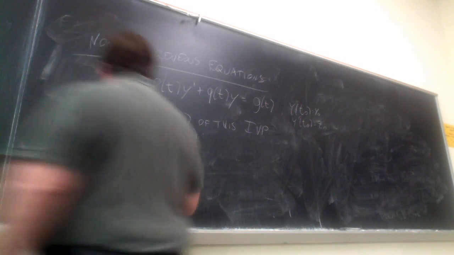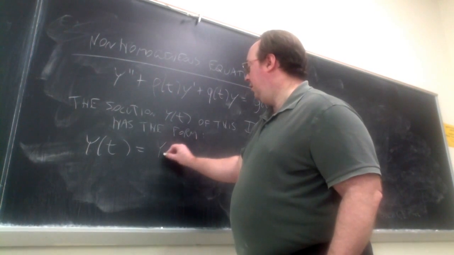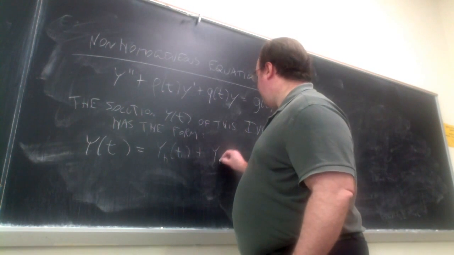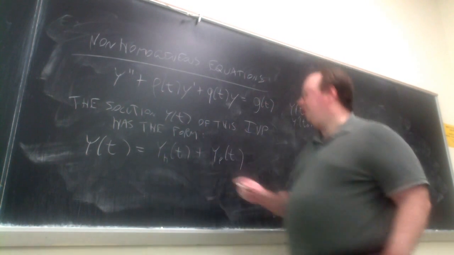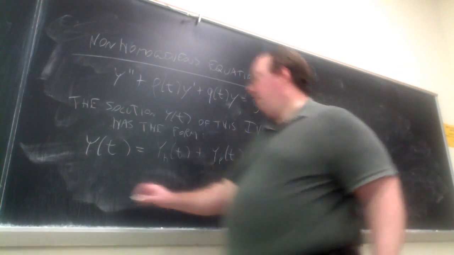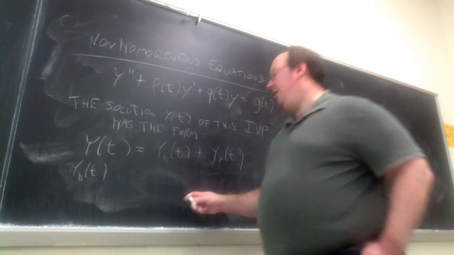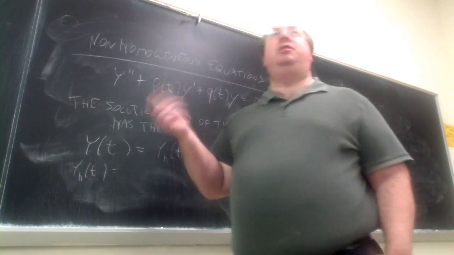You break it down into two terms: y sub h of t plus y sub p of t, where y sub h is basically what you've been doing before.